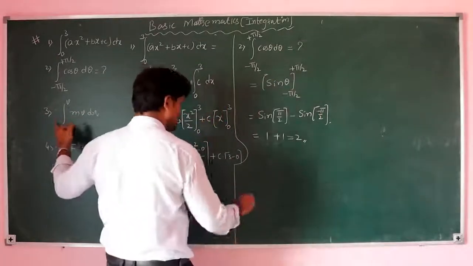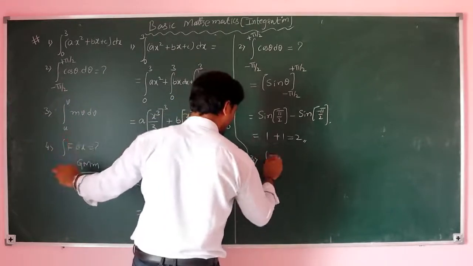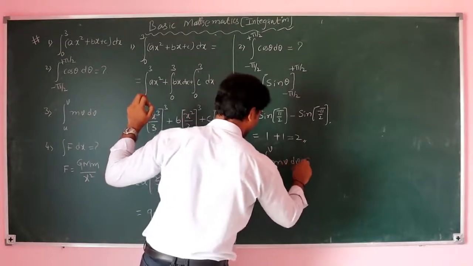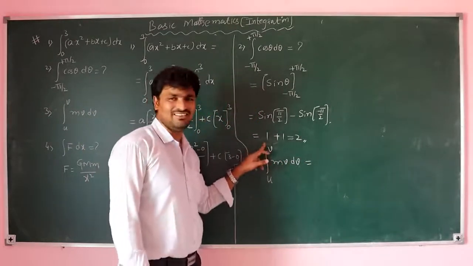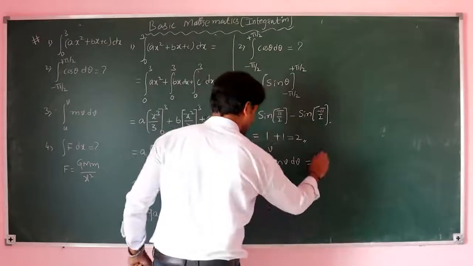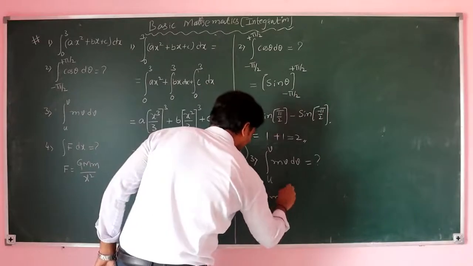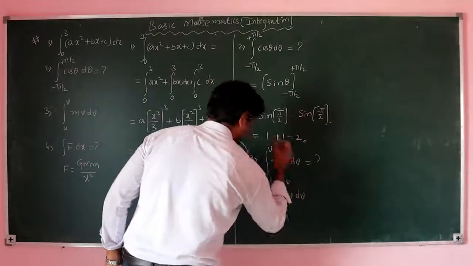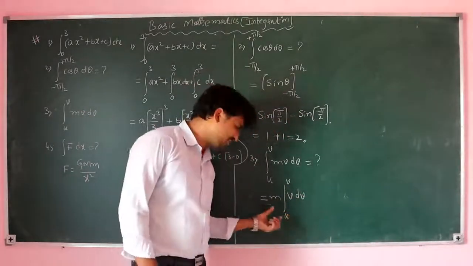Next we have the third problem. What is the third problem? Integral from u to v of mv dv. It is completely physics: mv is momentum, and u to v is initial velocity to final velocity. Take the integration. m is constant mass, and the integral of v dv from u to v is v square by 2.